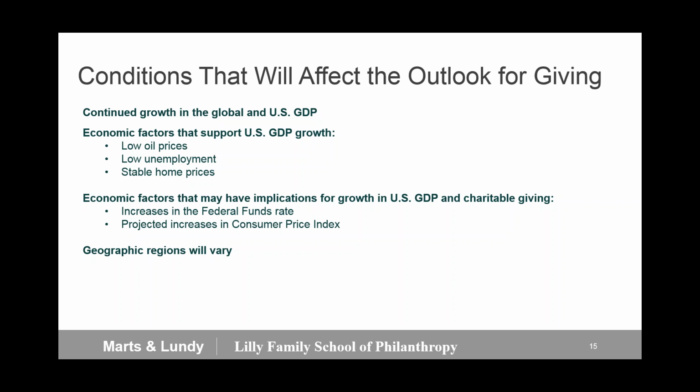So we have to mention those caveats. Another point to stress is that there will be geographic variation in how the outlook will play out in various parts of the U.S., with results varying on the East Coast, West Coast, the Midwest, and also the southern parts of the U.S., based on how those underlying economic conditions evolve in those parts of the country.